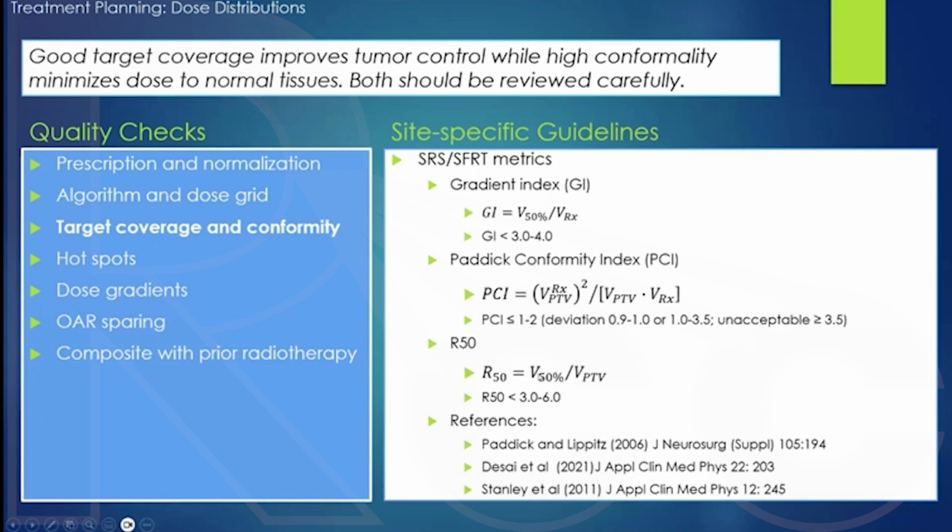R50 is simply the ratio of the volume of the 50% isodose line relative to the volume of the PTV. This is a common metric for lung SBRT that can be used for other SBRT plans as well. Lower is better with R50. And below are some references that describe not only these metrics, but also give some benchmark clinical data that could be used to compare with cases in your clinics.